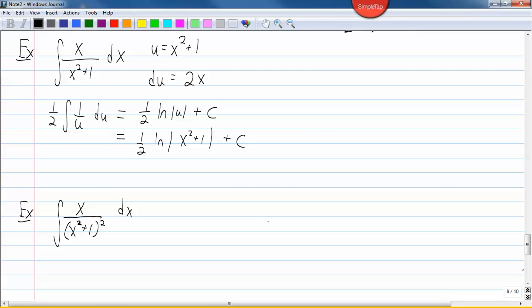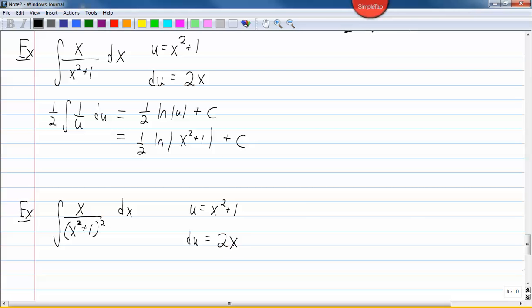If you know nothing about natural logs, you would have looked at it and said, okay, there's something in parentheses being raised to a power. So you would say u equals x squared plus 1. So then du is equal to what? 2x.